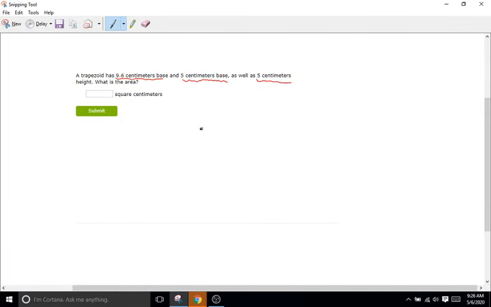So we want the area. Our formula is A equals 1/2 (A plus B) times our height. Okay, so 1/2. Our bases are 9.6 plus 5, and then our height is going to be 5.